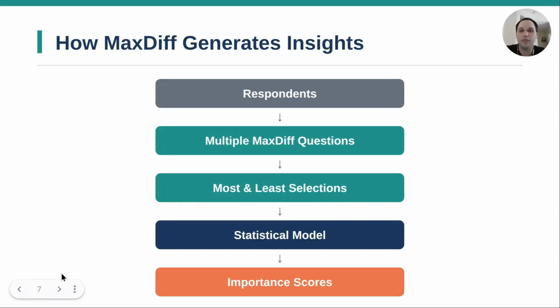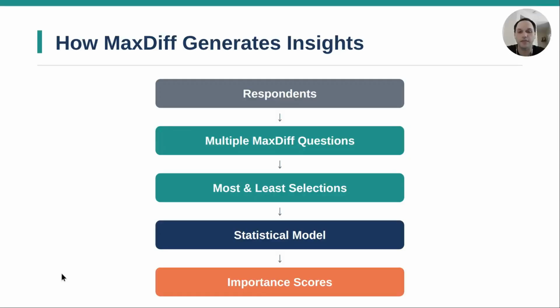After respondents complete the survey, we have a large number of most important and least important selections. The next step is converting those choices into meaningful scores. To do this, statistical models analyze all of the trade-offs respondents made throughout the survey. Rather than simply counting how often an attribute was selected, the model looks at the entire pattern of choices.